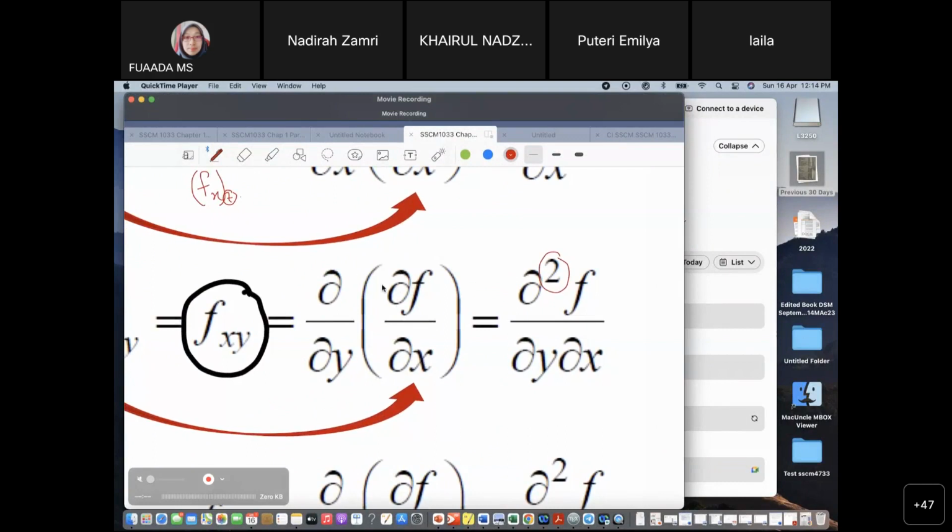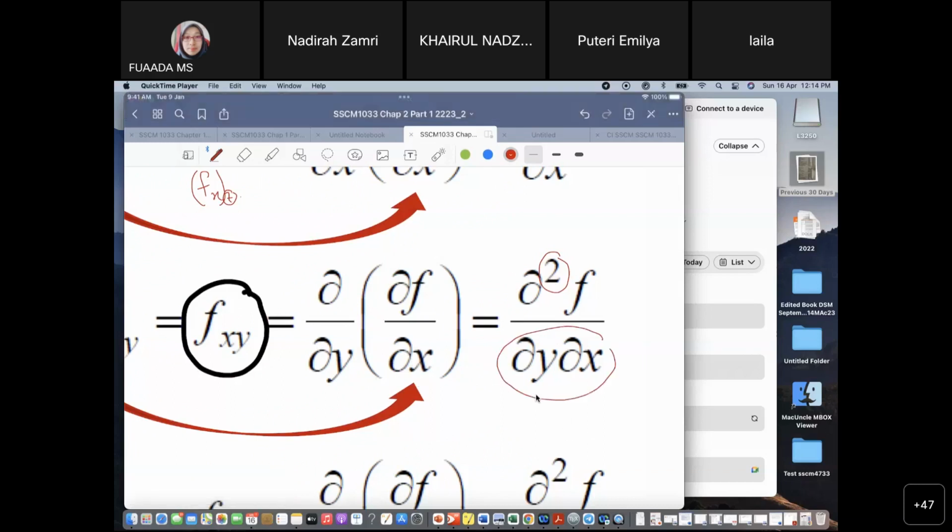So bila kita expandkan dia, permudahkan dia, you will have del squared f, and then the denominator becomes del y, del x. So kalau saya bagi bentuk del y, del x ni, siapa dulu? Nanti confuse. Cara baca tak sama macam simbol f, x, y yang kecil ada subscription macam ni.